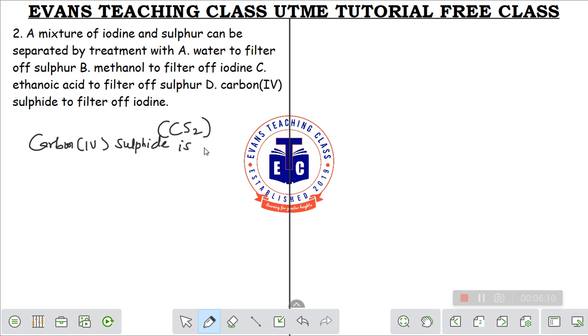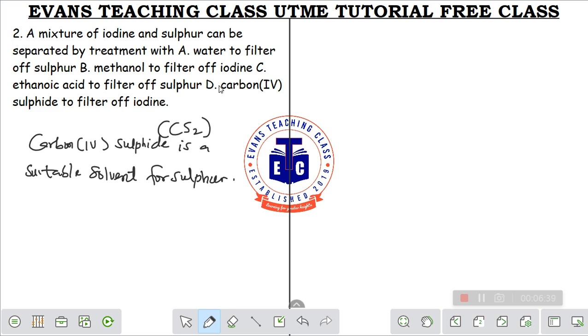So it's actually a suitable solvent for sulfur. Now this is what is going to happen when you dissolve this mixture. You treat it, that is, you mix them together. The sulfur is going to be dissolved. So that one means it's going to filter off this iodine.